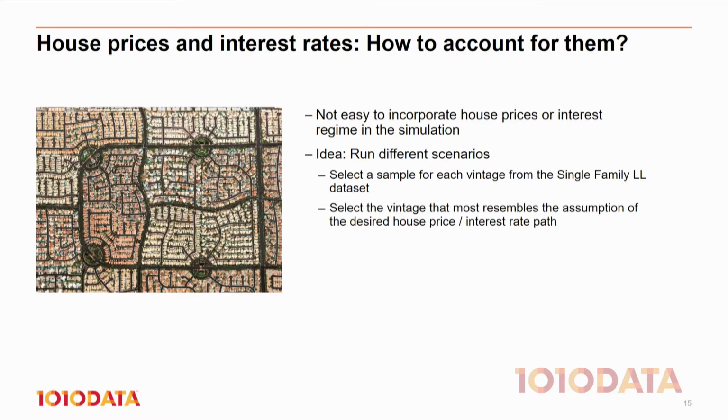Obviously there are two factors that influence the behavior of the prepayments and credit performance of mortgages: house prices and interest rates. What you would like to do is try to incorporate that in your analysis. This is not easy. This is actually, I think, a very complex problem, and you can probably come up with different ideas on how to address it.